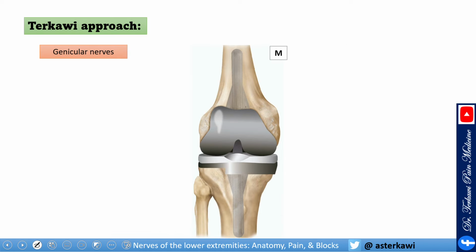Now, this is my approach just to simplify things. So this is mainly, as you see here, for pain after total knee arthroplasty. This is why I put an artificial knee. This is a common problem. I think it's very reasonable to start with the genicular nerve.